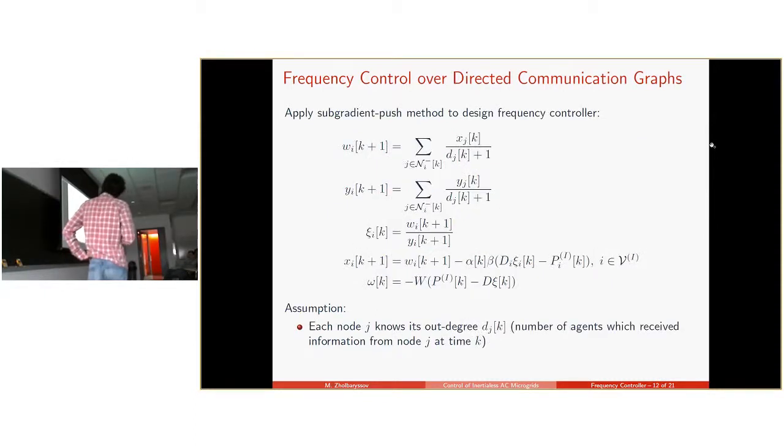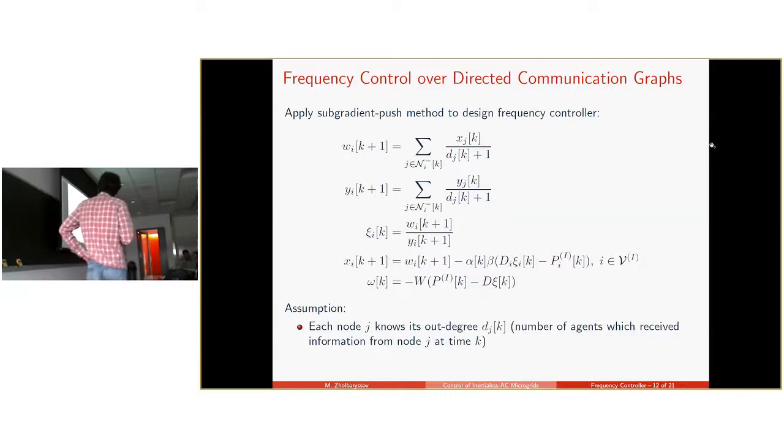Yeah. So for directed communication graphs, when we have unidirectional communication links, we can apply the subgradient push method that we introduced earlier to design frequency control. These are the same iterations as before, but the only difference is how we're computing this Xi variable. And Xi, again, we compute using the ratio of these two variables.